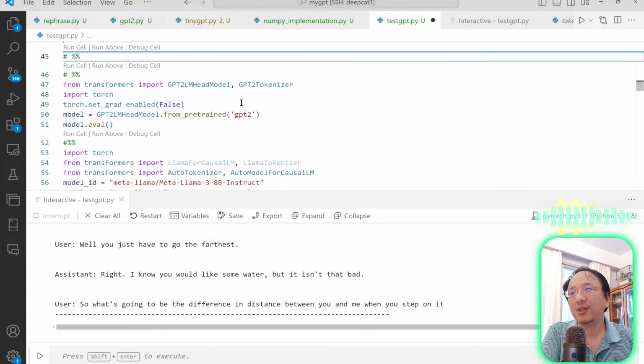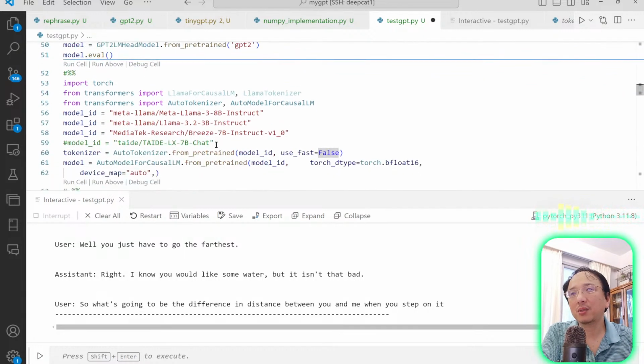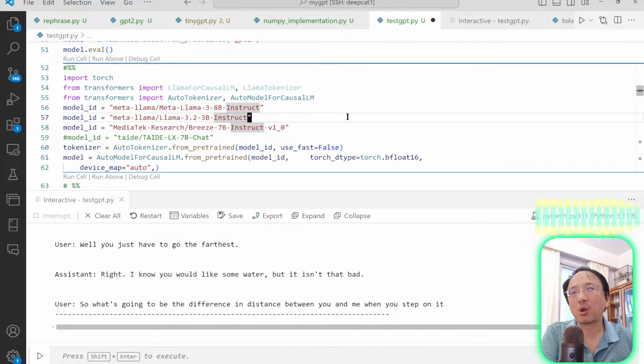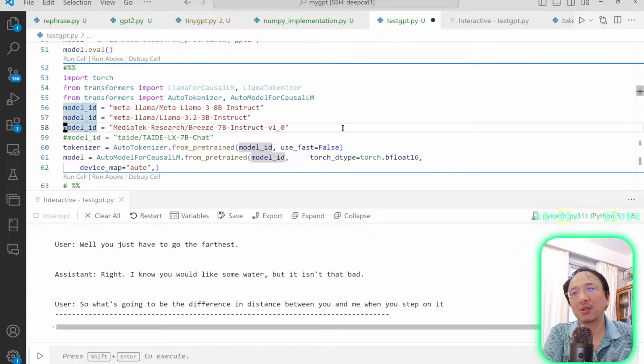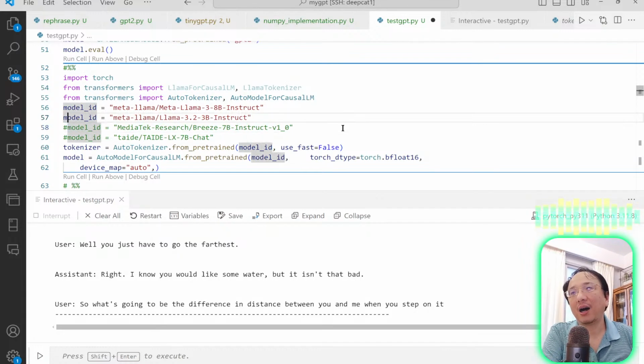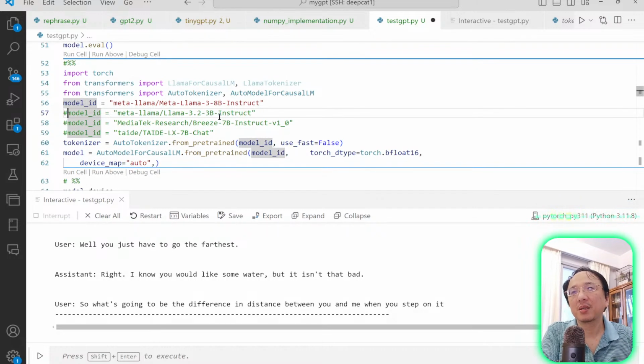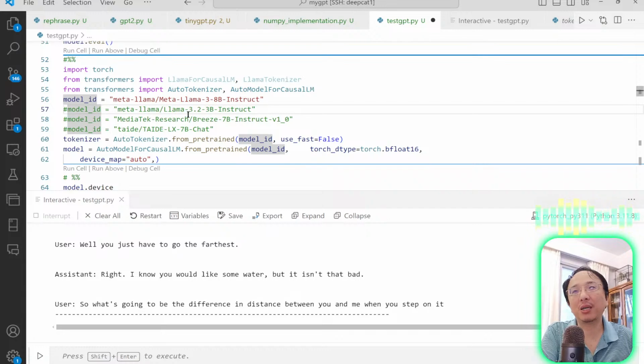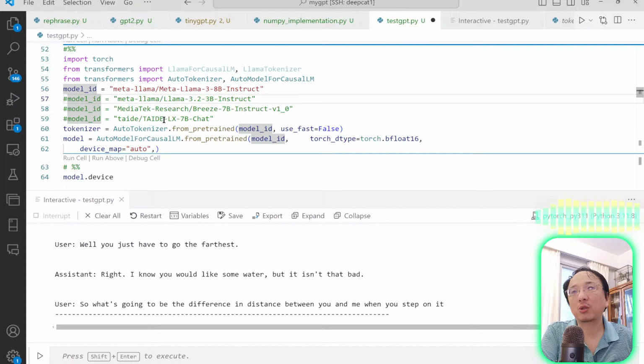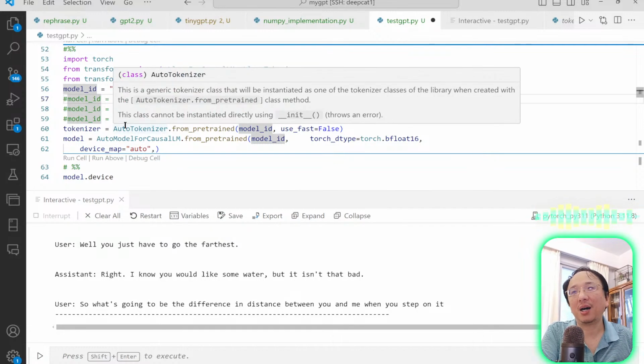Why do I even need this one? I don't need this one. Okay, so let's try some larger, more modern models. First, let's try Llama 3, the original Llama 3.0. And we will try Llama 3.2 also. Finally, we'll try some Taiwanese models like Taide, T-A-I-D-E.